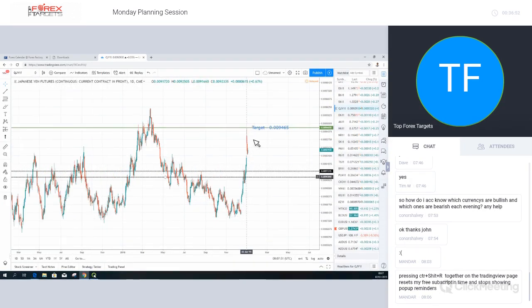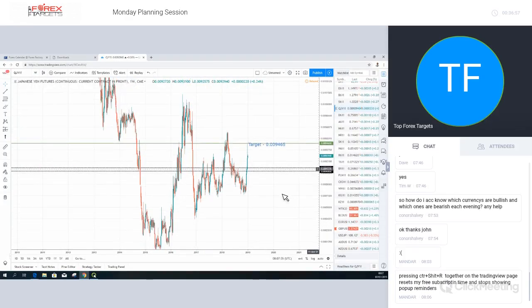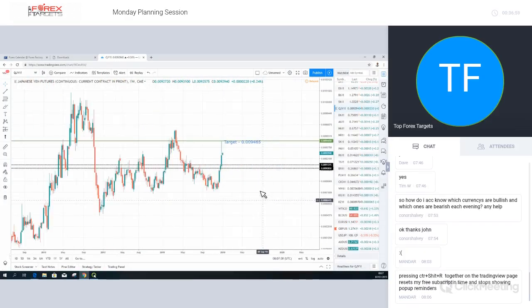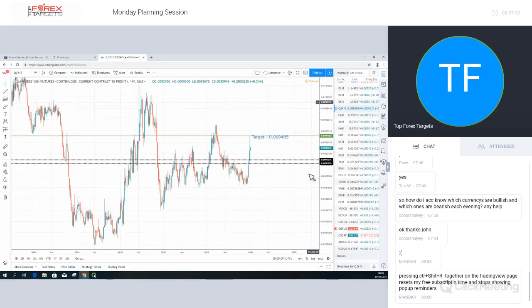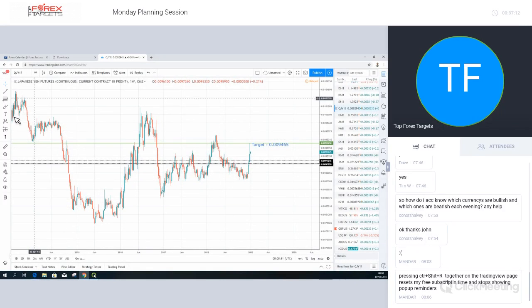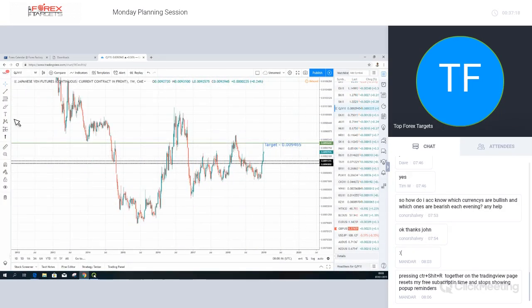But we have this major rally to the upside in the Japanese yen, and going into next year with what looks like globally a more uncertain or slightly volatile political landscape, we may actually see, and my belief is that the Japanese yen is going to be appreciating, possibly for the rest of the year, and I would be looking for this to perhaps come up, maybe even all the way up to the 0.100 area.